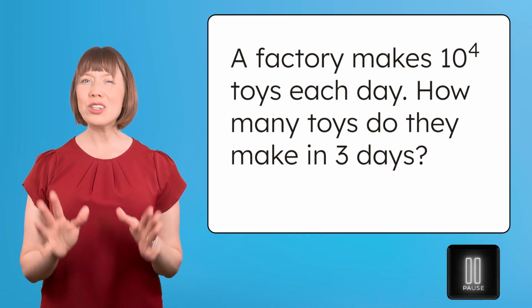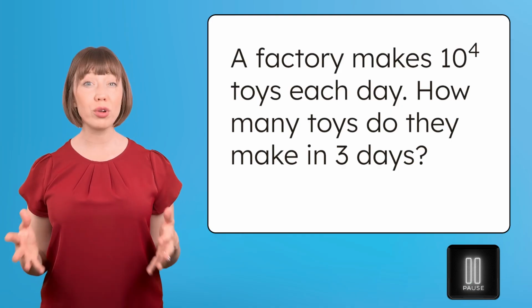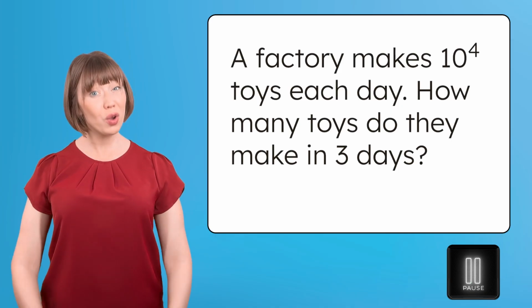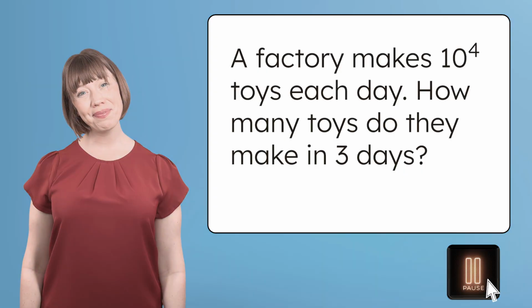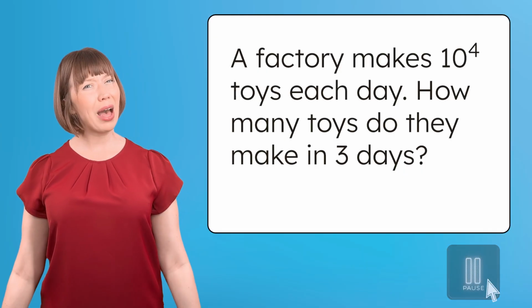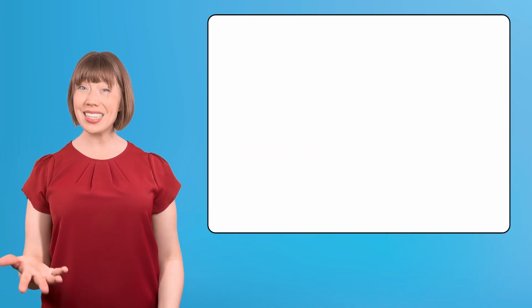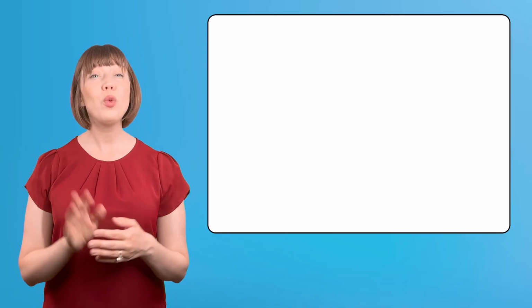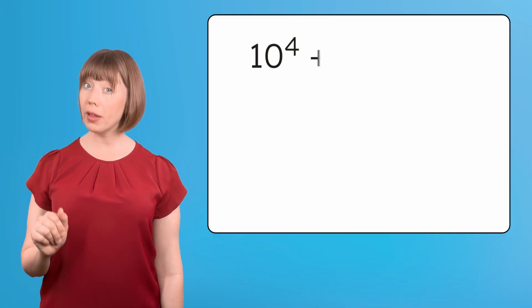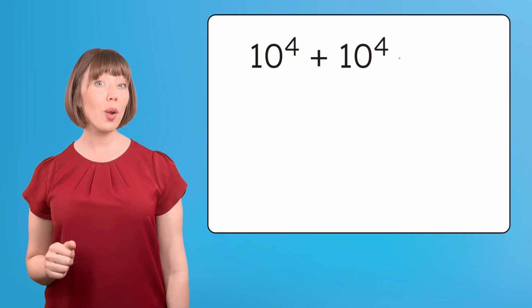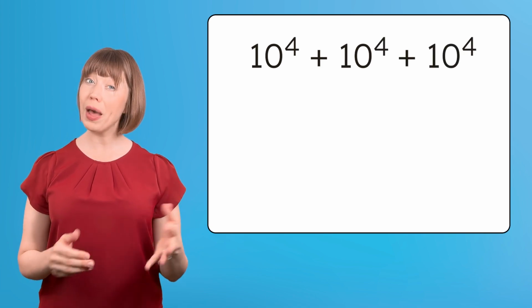Pause here and try solving for the total number of toys the factory makes on your own. How many toys did the company make? Since this is over 3 days, we can write the addition sentence 10 to the fourth power plus 10 to the fourth power plus 10 to the fourth power.